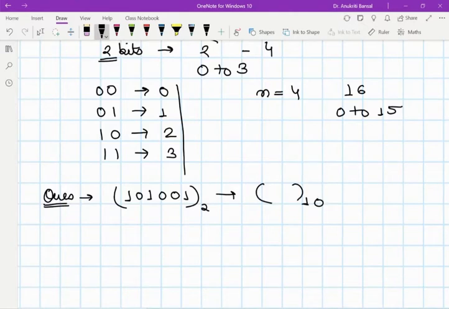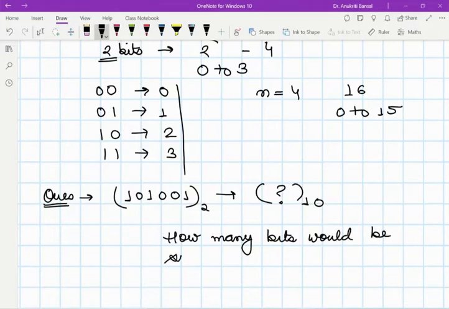Now find how many bits would be sufficient to represent twice of this number.